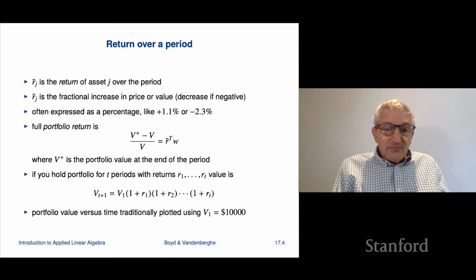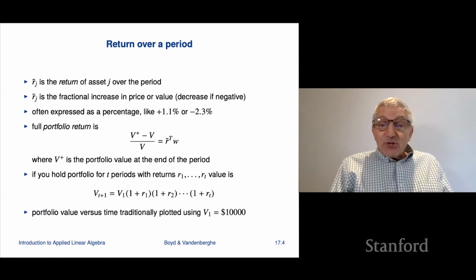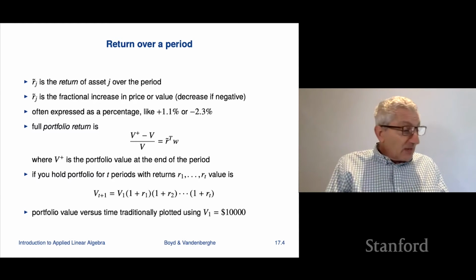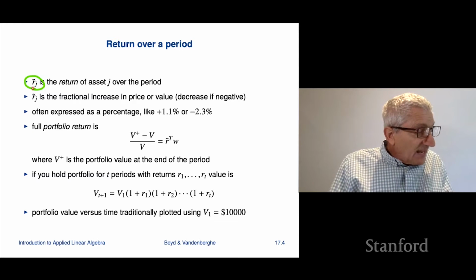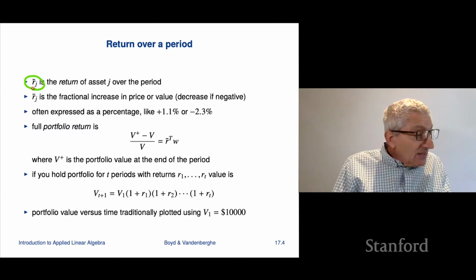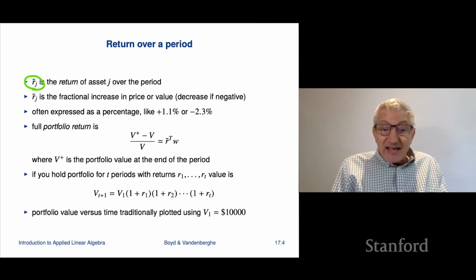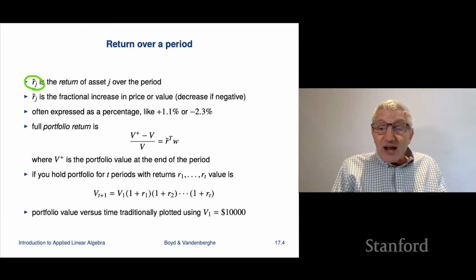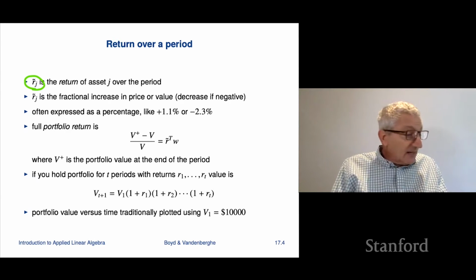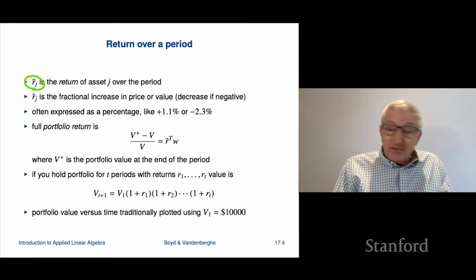Okay, now we'll talk about the return over a period. So we'll let r̃_j be the return of asset j over the period. And we'll define that as the fractional increase in the price or value. And it's a decrease if it's negative, right?